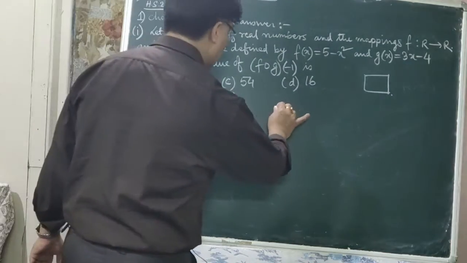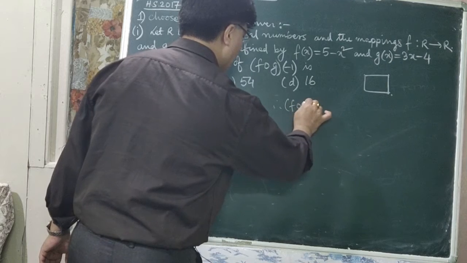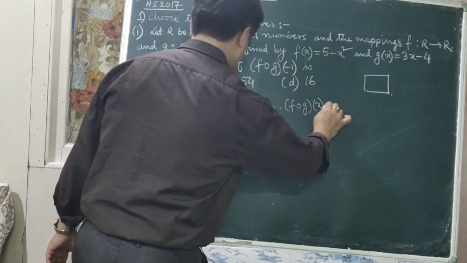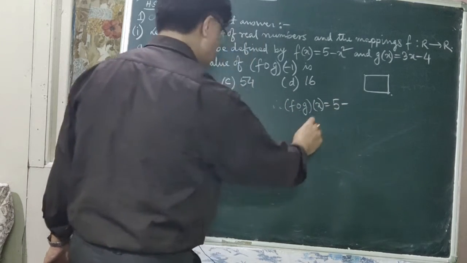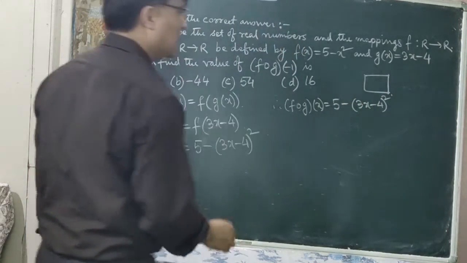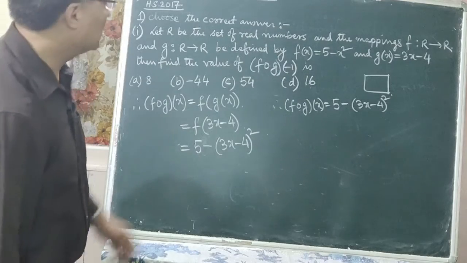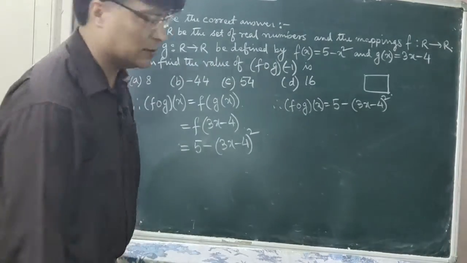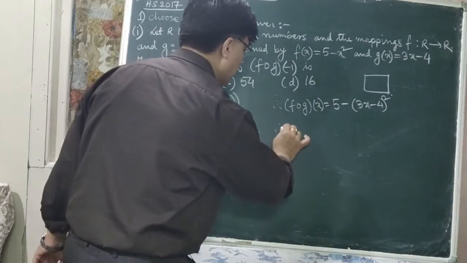So let us write here, therefore fog of x is equal to 5 minus, this is your 3x minus 4 whole square. So no need of simplifying it. Now you put minus 1 here. You put x is equal to minus 1 here.